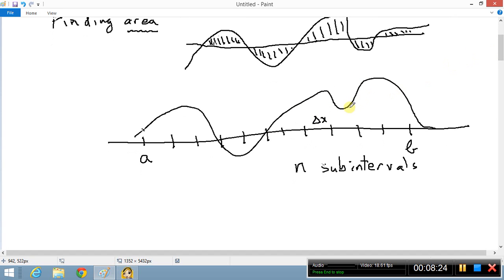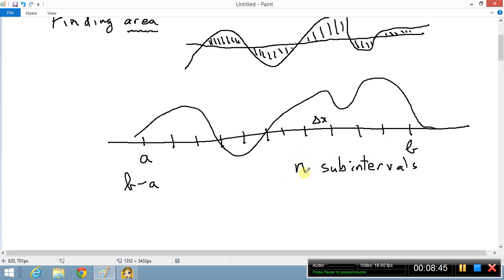Now we're going to have a lab on this next week, but I will jump the gun a little bit and tell you how to calculate this all. If we have n subintervals, and the whole interval goes from a to b, then the whole length from here to here is always the bigger number minus the smaller number. So b minus a is the length of that whole interval.